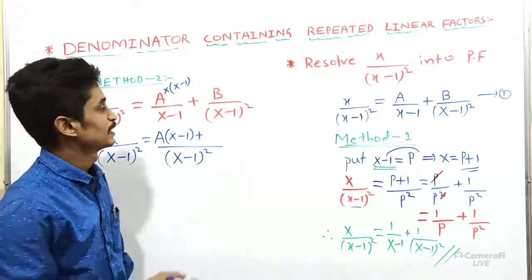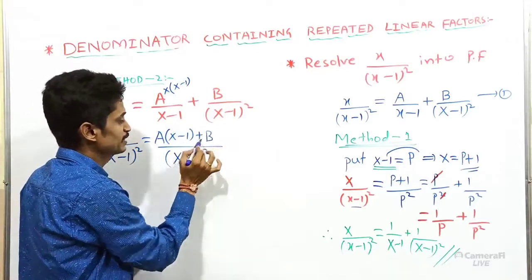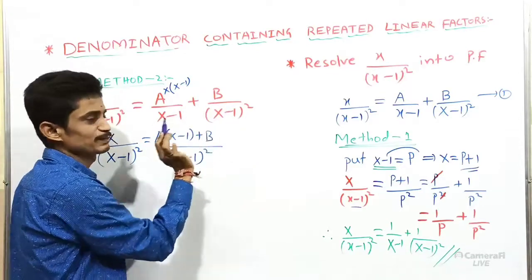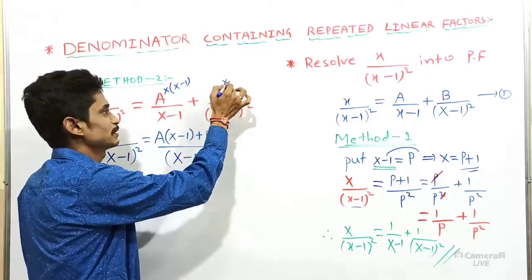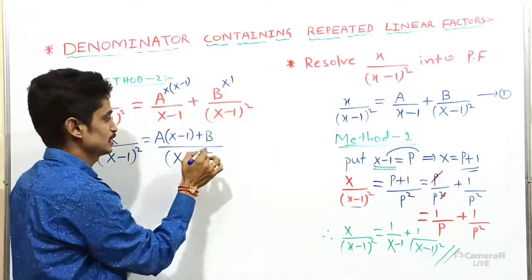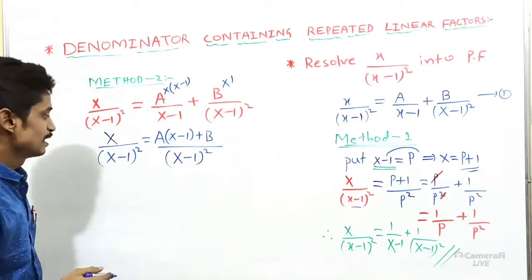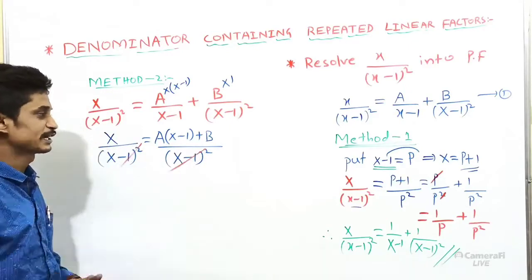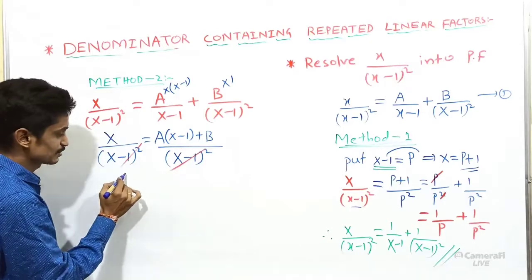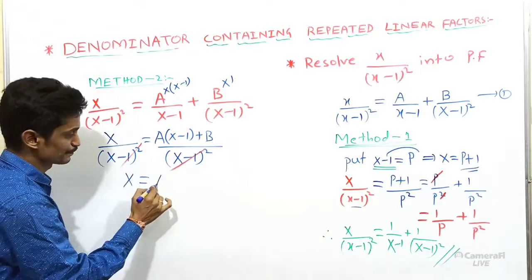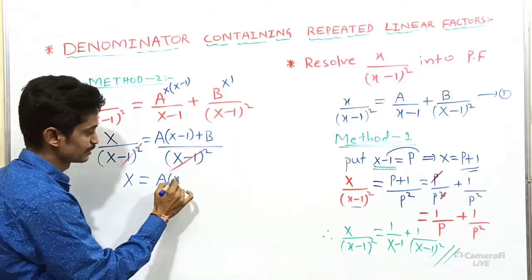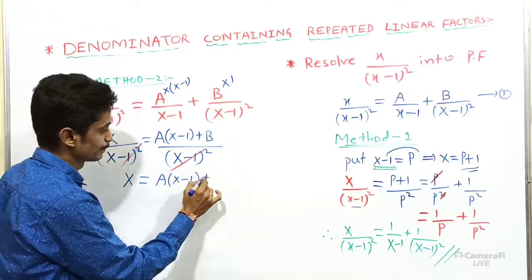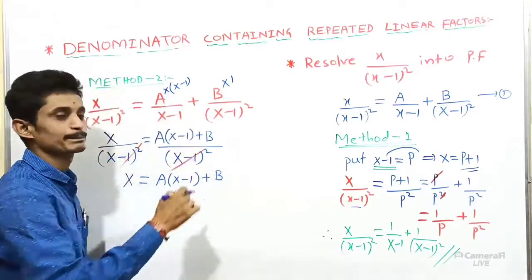Between plus sign, after that b. Here everything is there, x minus 1 whole square. So just multiply, nothing means 1. 1 into b is b. After this, just cancel these two terms. These two are same. Then remains x is equal to a times x minus 1 plus b.